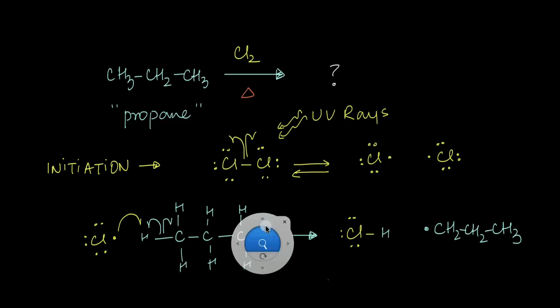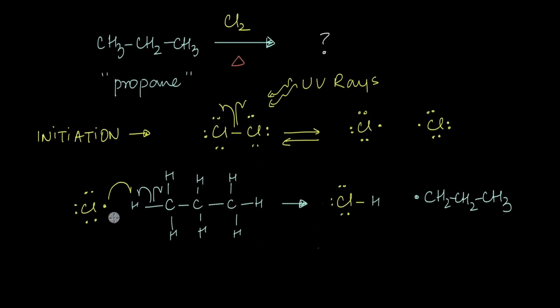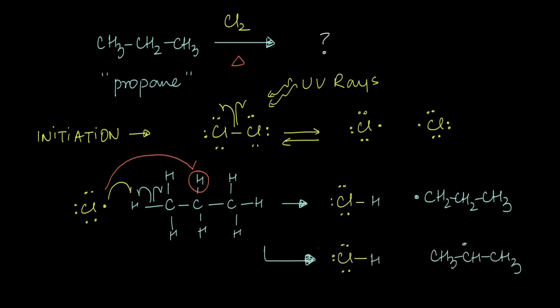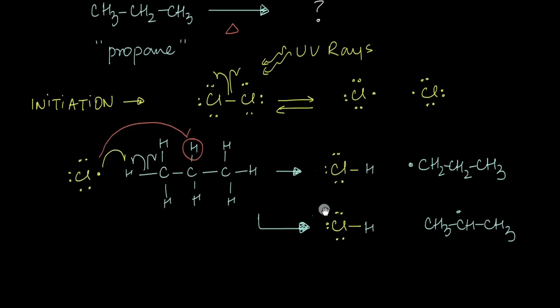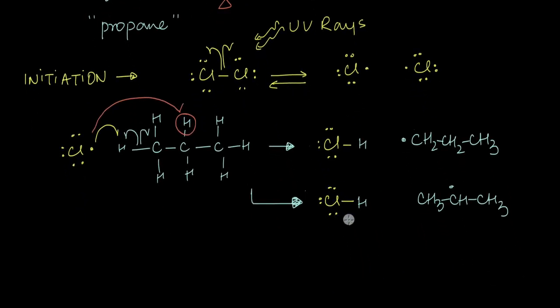However, if the chlorine radical collides against this hydrogen atom and abstracts this hydrogen from propane, then this time I'll be left with a different radical. I'll in fact be left with a CH3CHCH3 radical, right? Now this is clearly a different radical. This is what we call a second degree carbon radical.